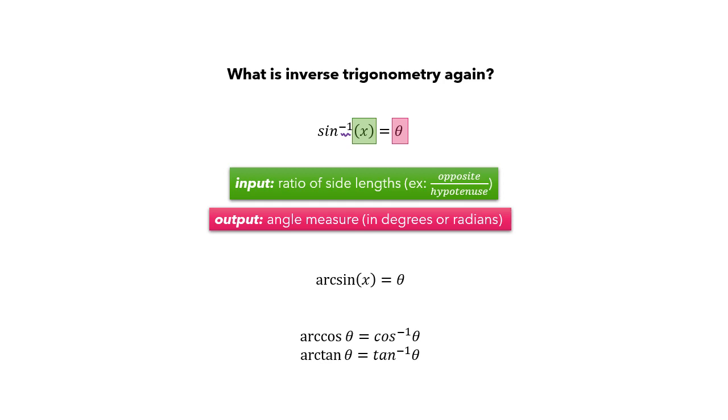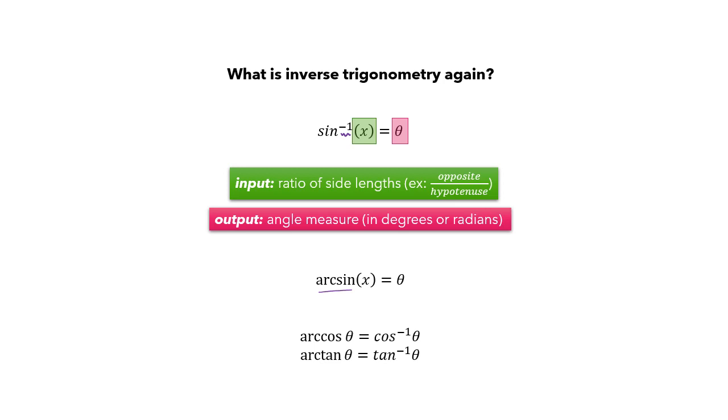One thing we maybe brushed over a little bit towards the beginning of the year was another way of writing inverse sine, or another way of writing inverse trig. We're going to be using that a little bit more today. Arc sine is how we read this, another way of representing inverse of sine.